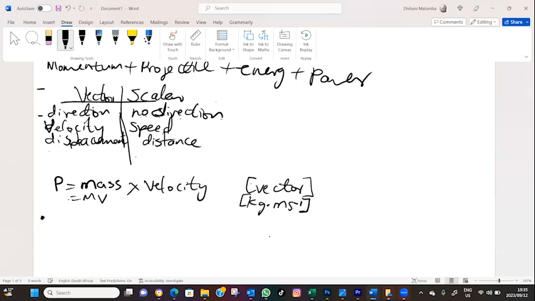Another very important term we have is impulse, which is the change in momentum. This is equal to mv final minus mv initial.